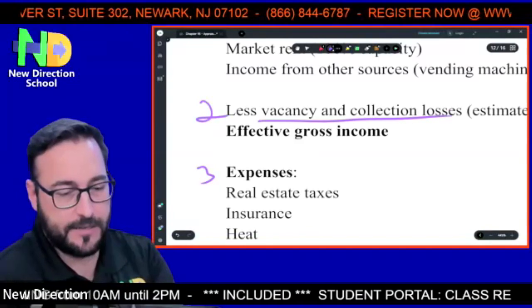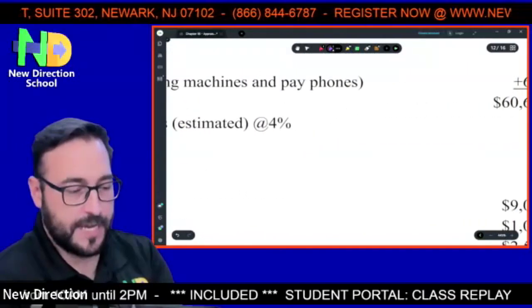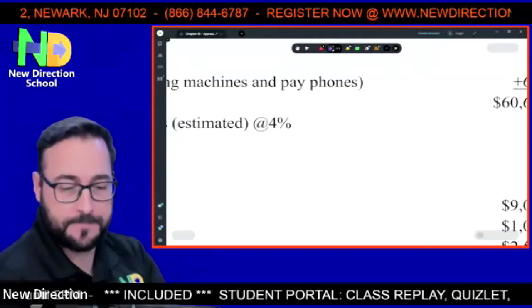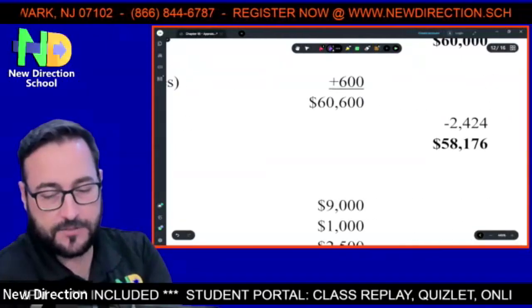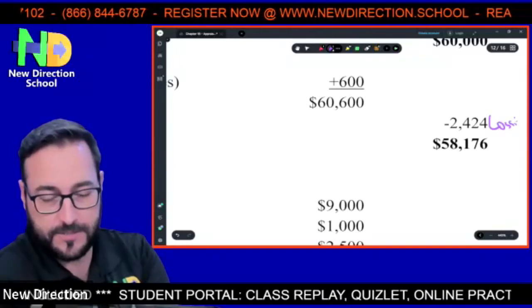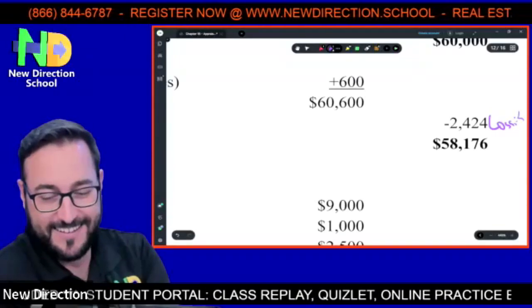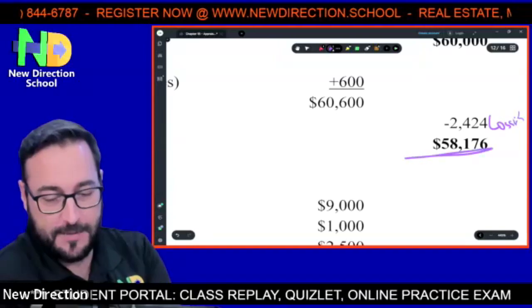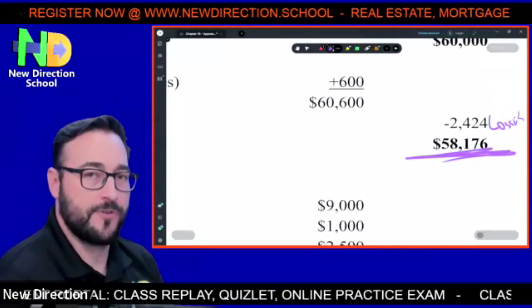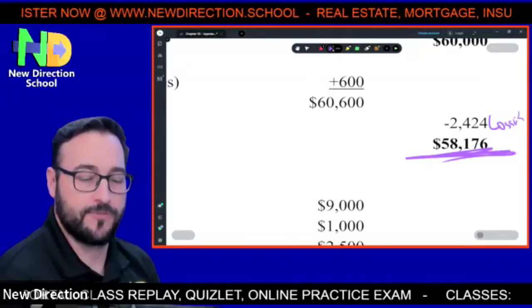Less vacancy and collection losses, which in this case is estimated at 4% based on our experience of this property in this area. So we take 2,424 for the losses. That means what I can expect is 58,176 every year. That's the number I can count on every year.